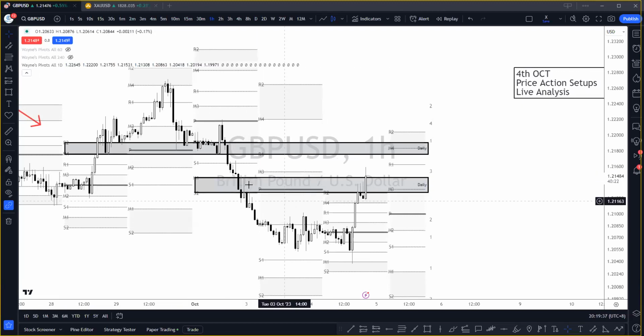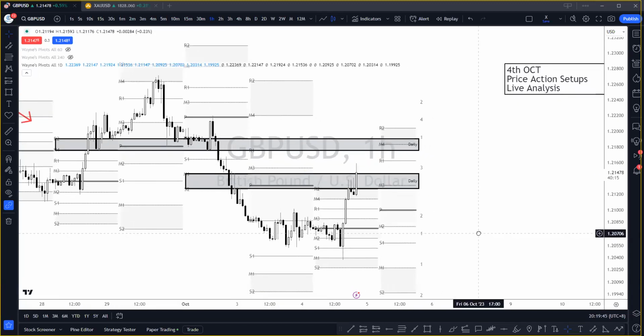Prices have not shown on a daily level for it to be bullish. So at what point will we think that prices will be bullish? It is when, for today's New York close, prices have to be above this level here.